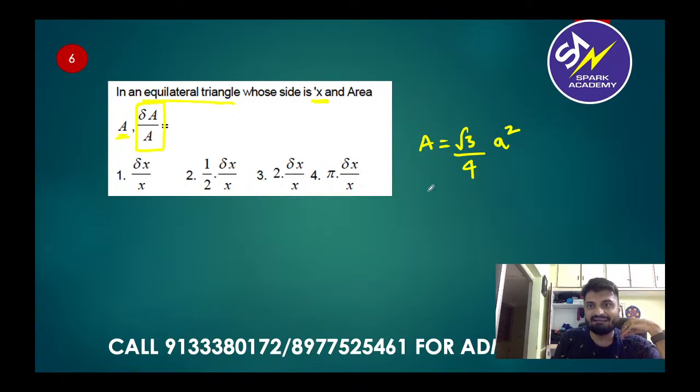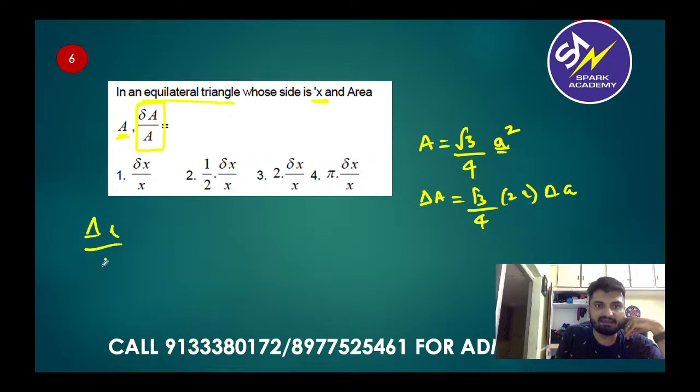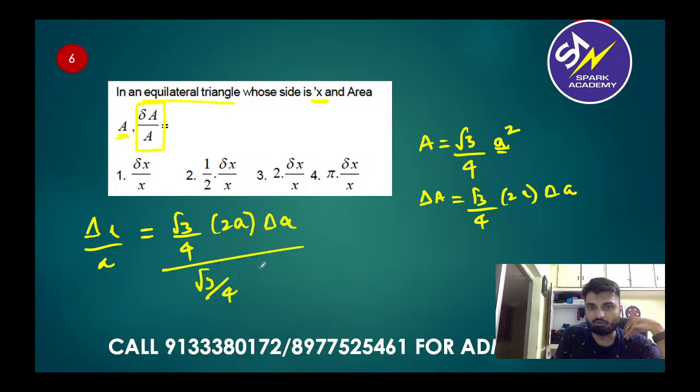So how do you write delta A by A? Delta A is root 3 by 4 times the derivative of a square, which is nothing but 2a delta a. So delta A by A, if you do, you will get root 3 by 4 into 2a delta a by root 3 by 4 a square. Root 3 by 4 cancelled, a will get cancelled.